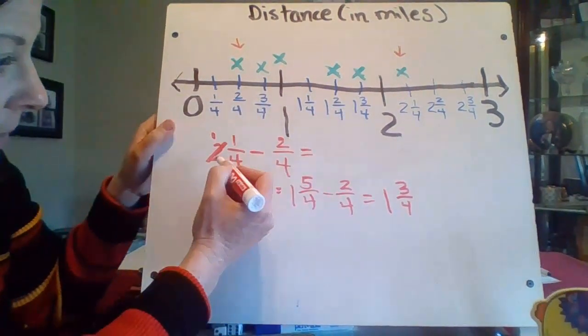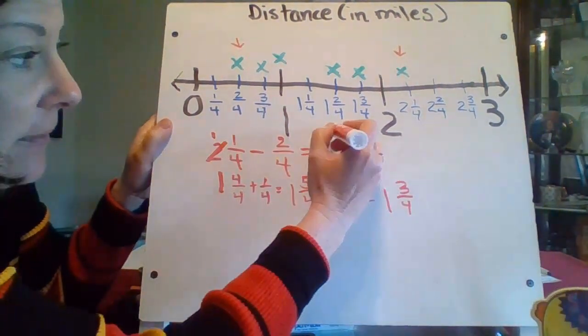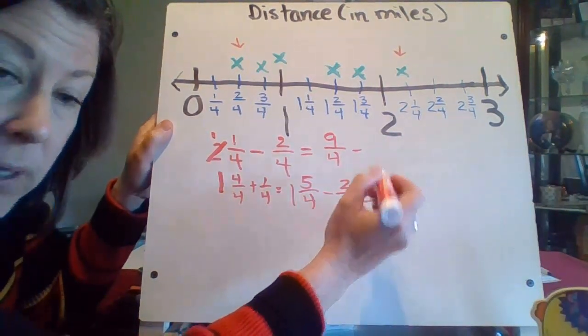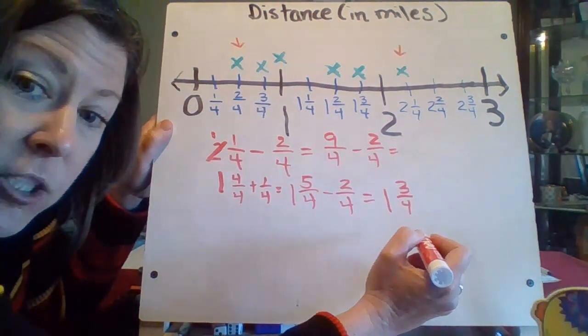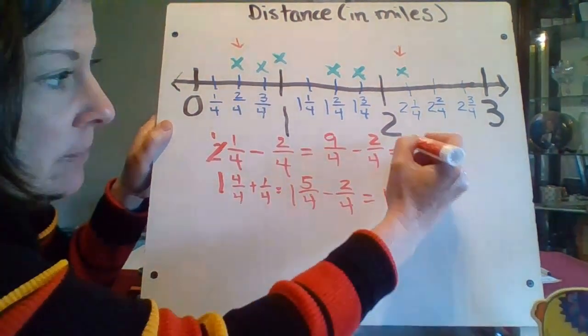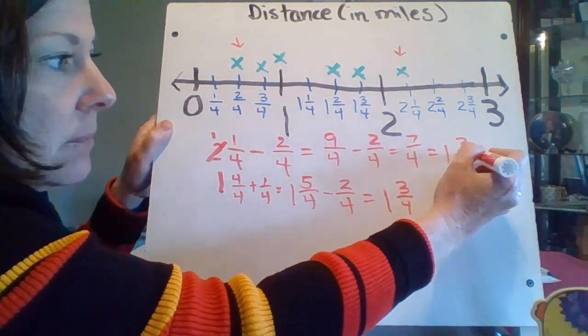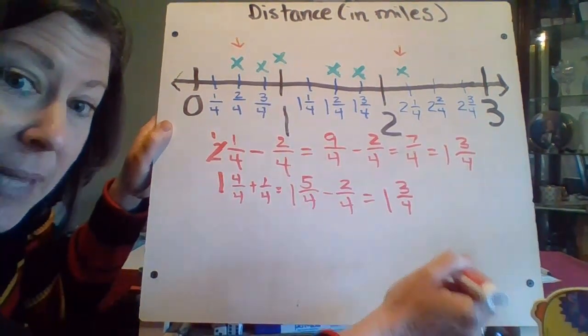What some girls like to do is take that 2 1/4 and just make it into an improper fraction. 2 times 4 is 8, plus 1 is 9. 9/4 minus 2/4 is 7/4, which equals 1 3/4. You get the same answer.